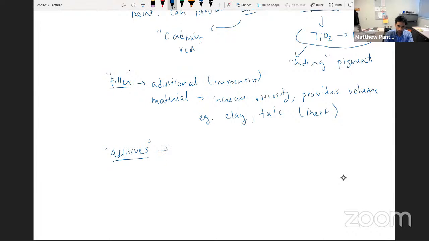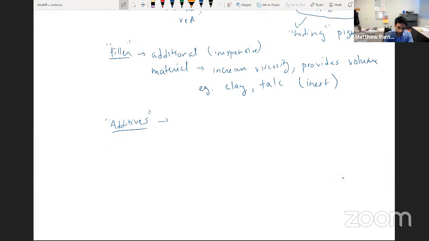That gets into our next thing. Additives have a lot of functions. These modify different properties, typically chemical, thermal properties. Can we have other types of additives too? Could be flow properties, for example. Yeah, I'll put that: rheological properties.